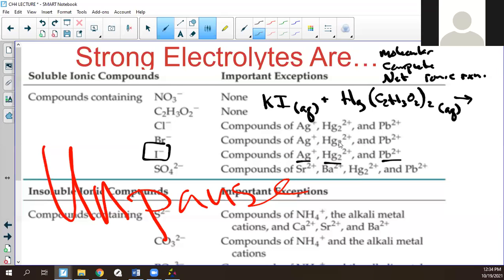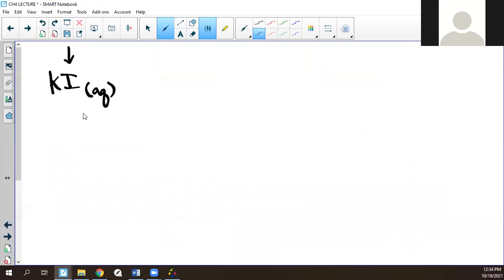So that means KI is aqueous, plus I had lead 2 acetate. Hg, thank you, my bad. Oh, that's what I get for trying to be different. Hg, so mercury 2 acetate.